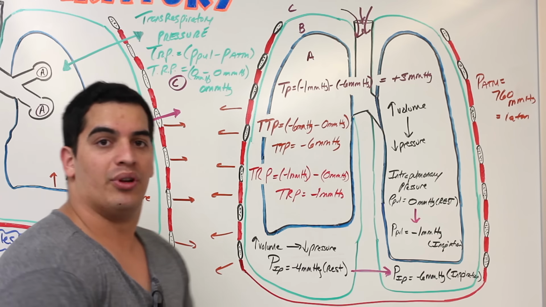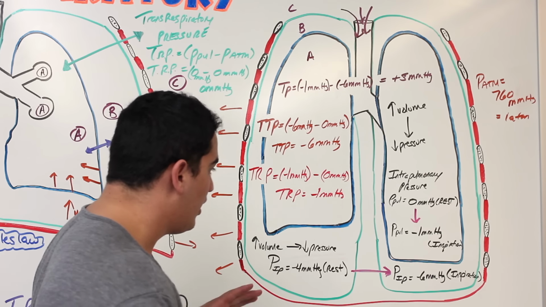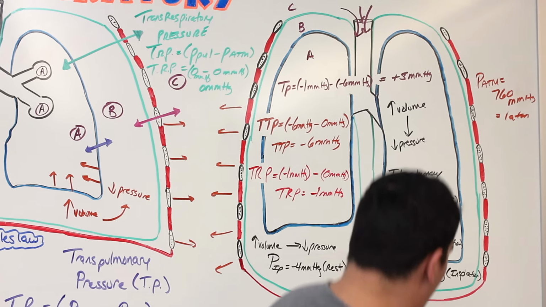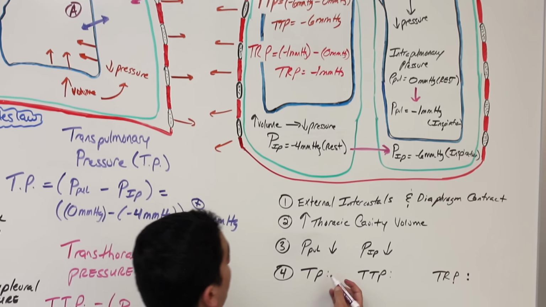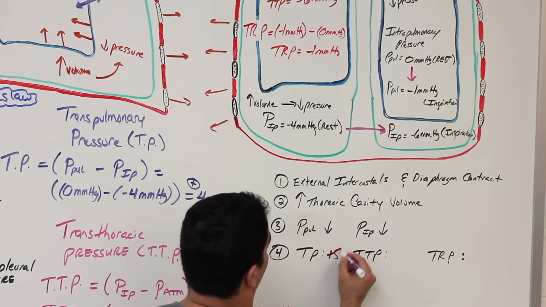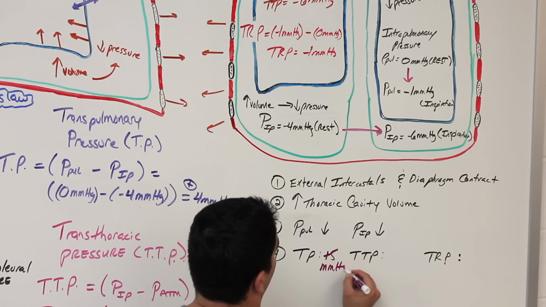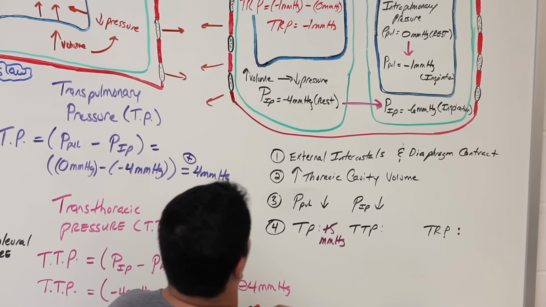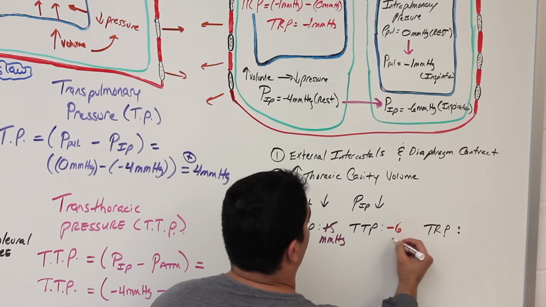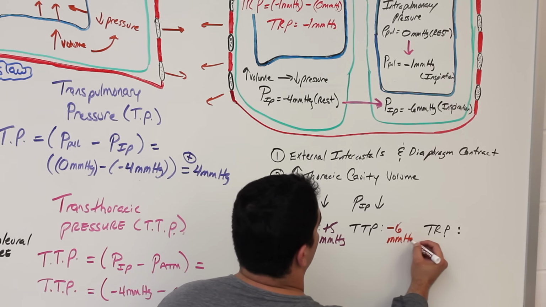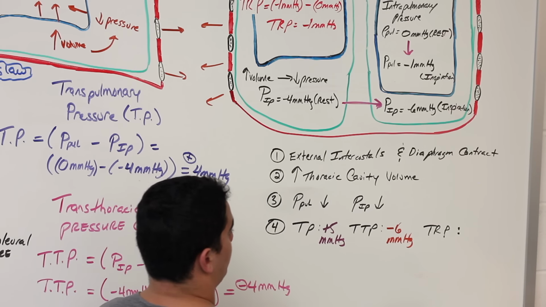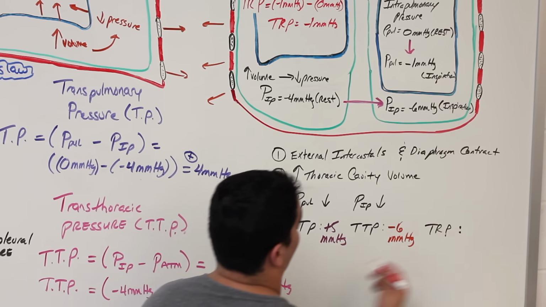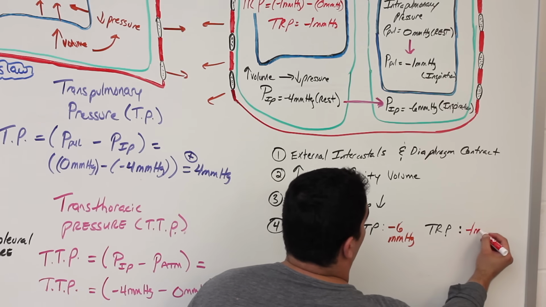Wow, this is so beautiful. All right, so let's write these things down now. Everything that we have here, again, transpulmonary pressure should now be about +5 millimeter mercury. And then the transthoracic pressure should be about -6 millimeter mercury. And then the actual transrespiratory pressure, we said last one was -1 millimeter of mercury.